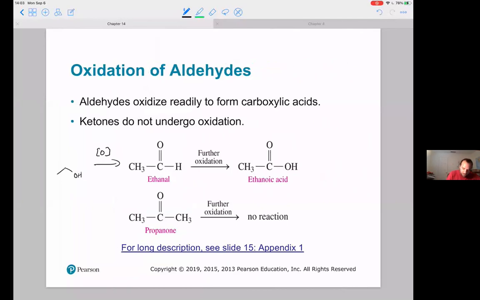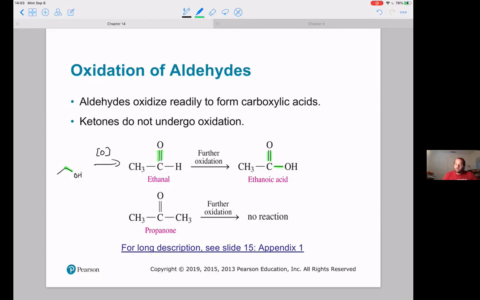Okay, and again, remember in organic chemistry, when we're saying oxidation, we're talking about the number of carbon-oxygen bonds. Here, we have a carbon-oxygen single bond that gets oxidized to a carbon-oxygen double bond, and that can go one round of oxidation more to have that carbon-oxygen double bond plus another carbon-oxygen single bond, right?